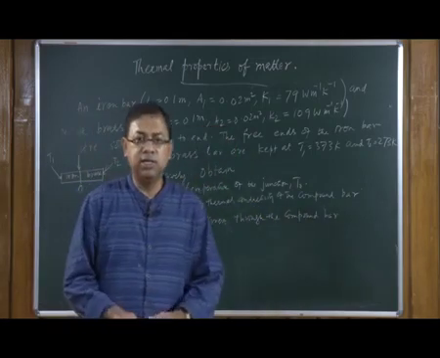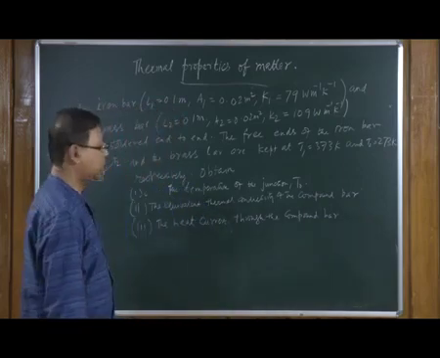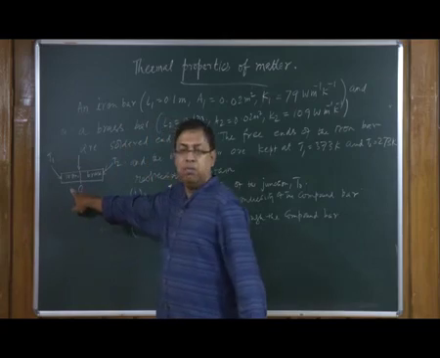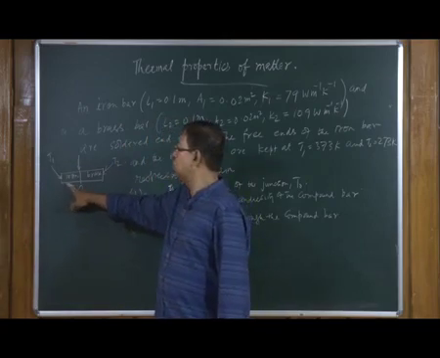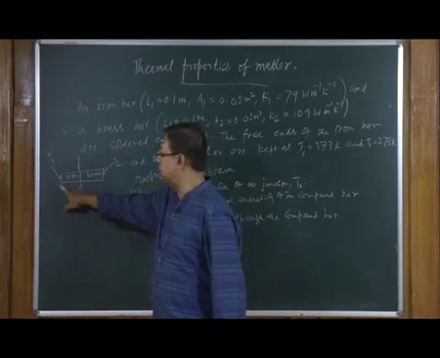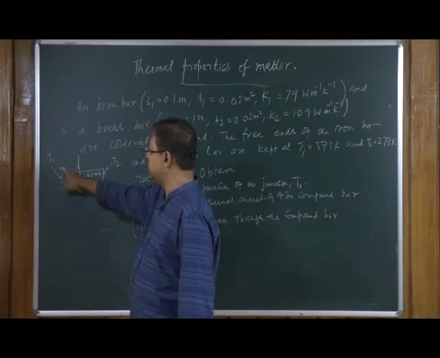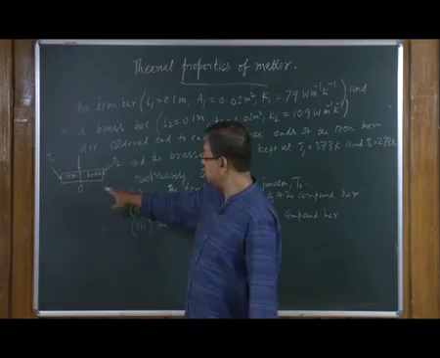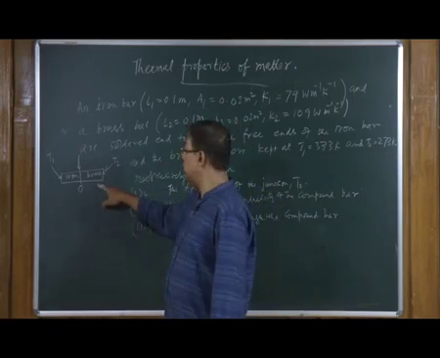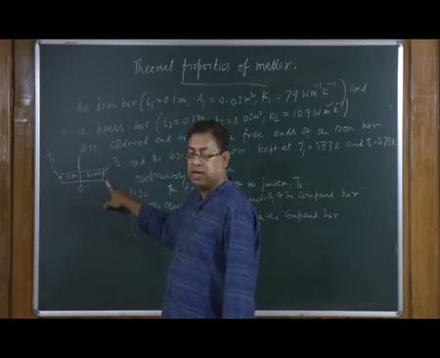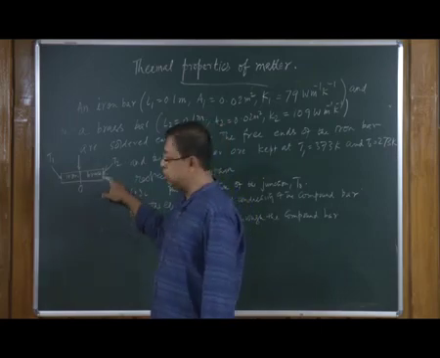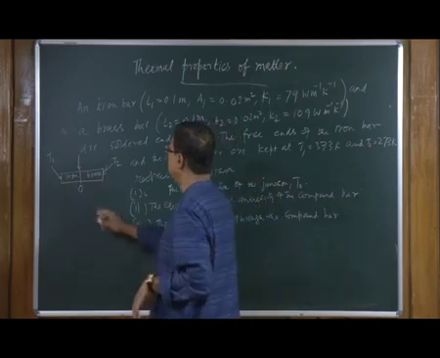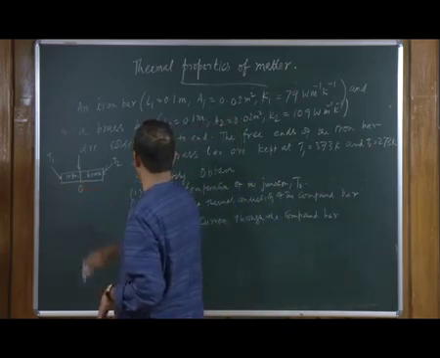So, the question is simple, that we are talking about thermal conductivities of material. We have an iron bar whose free end is kept at a temperature 373 Kelvin, which is T1, soldered with a brass bar, the right side of which is kept at a temperature T2, which is 273 Kelvin. The question is, what is the temperature at the junction?